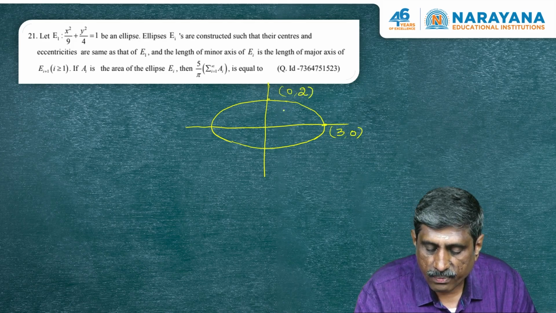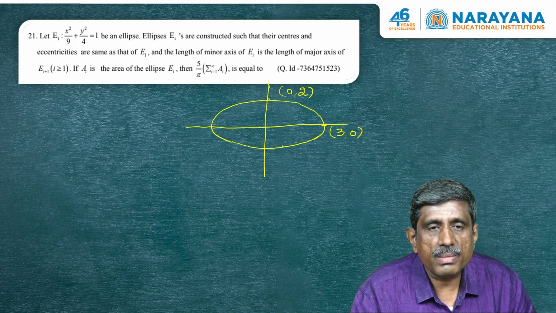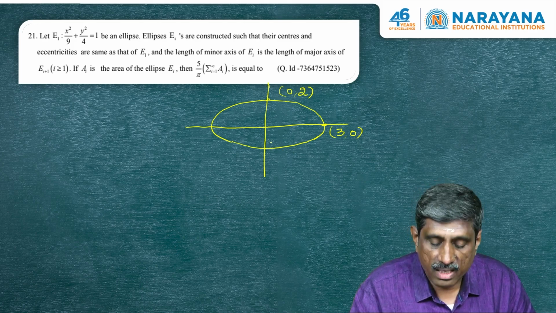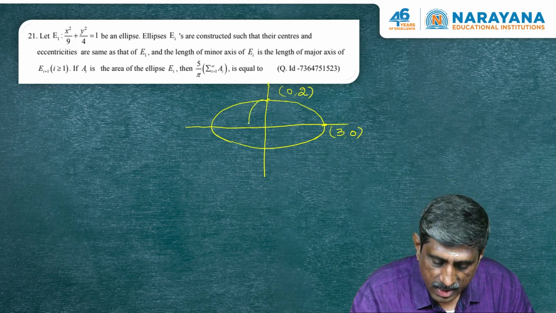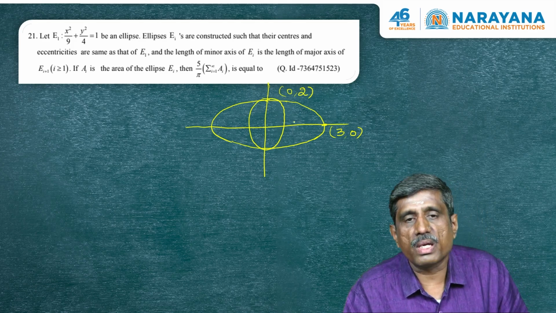This is the first ellipse. For the second ellipse, the length of the minor axis becomes the length of the major axis, and the center and eccentricity are the same. So, the second ellipse is going to be like this, and the third ellipse is going to be like this, and so on. We are going to construct like this.